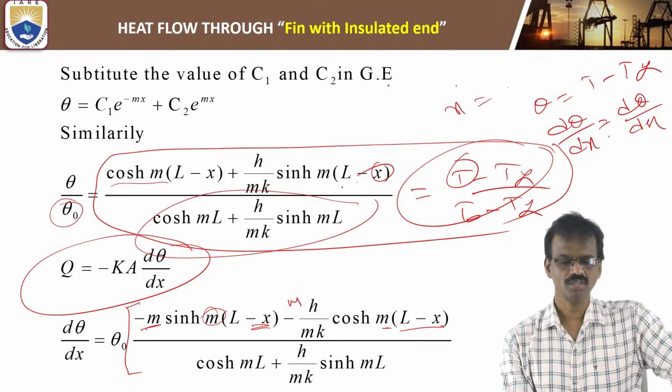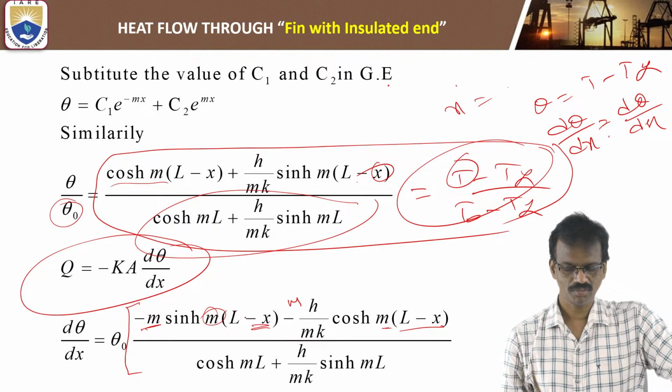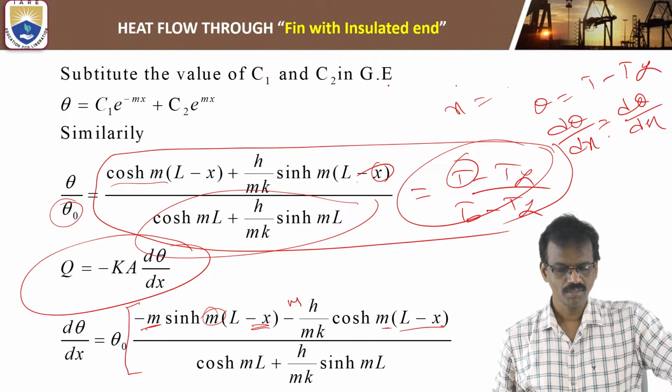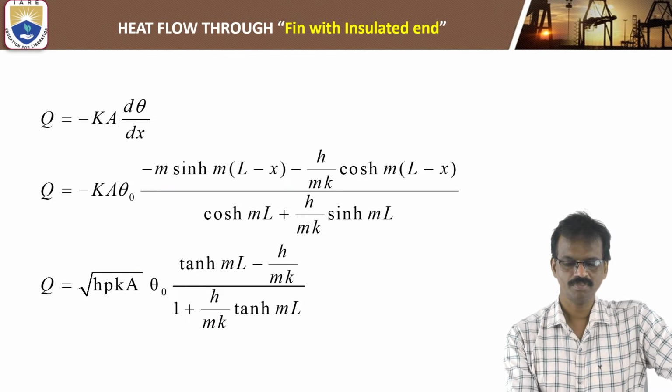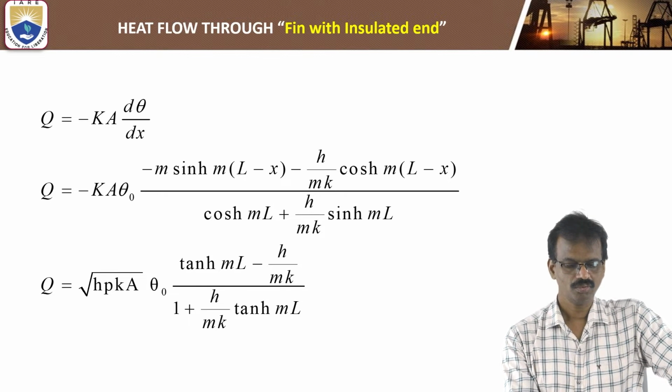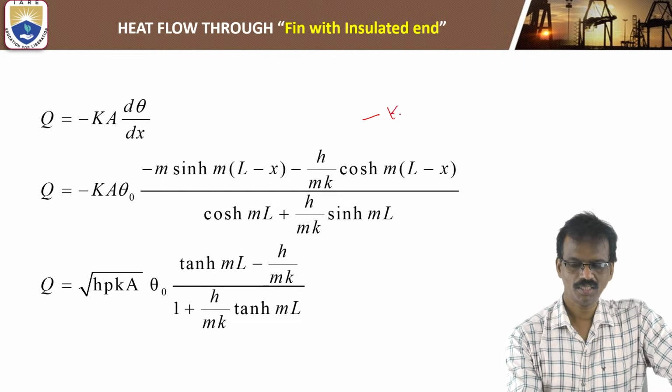So then you can take the minus m common. So the formula will be like this. If you take the minus m, it means minus kA into minus m here.